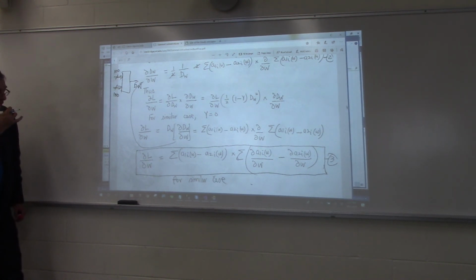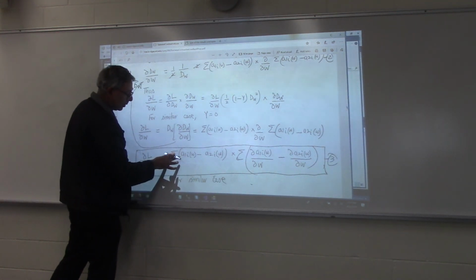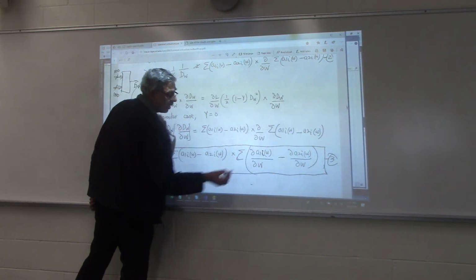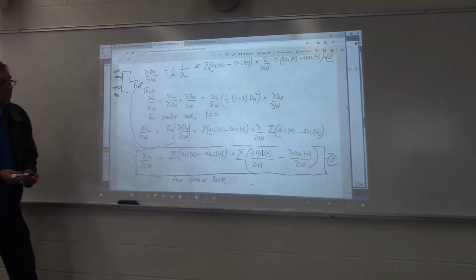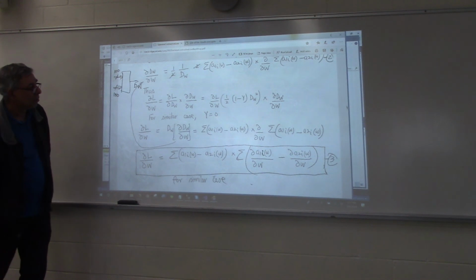The first summation is okay for me. The second one is confusing, because we further have the gradient is a matrix, right, representing the weights.